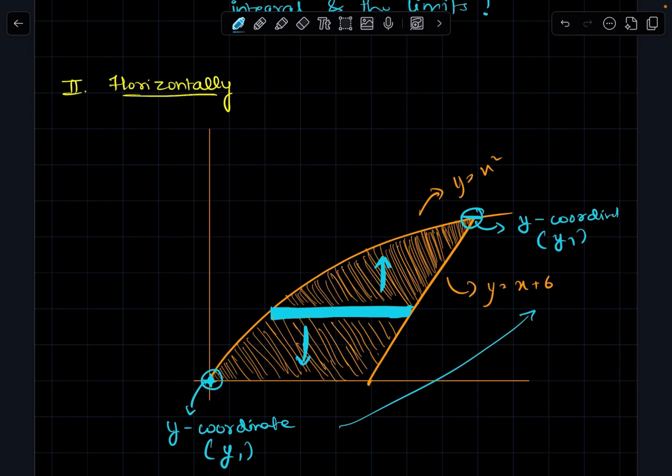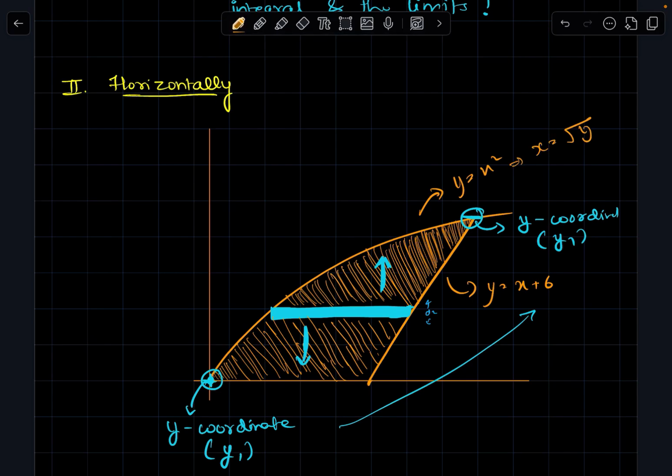horizontally integrating it. So we are going to be taking small rectangles of thickness dy, and we will integrate them from y1 to y2, which are the y coordinates of the points of intersection of these graphs. Generally, this is going to be in the form of functions that are in y. So instead of writing y is equal to x square, this should be written as x is equal to root y.